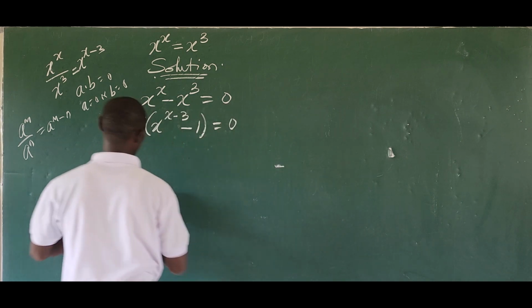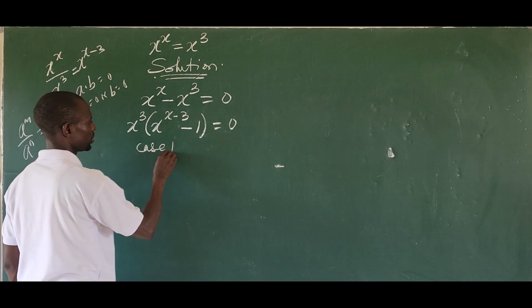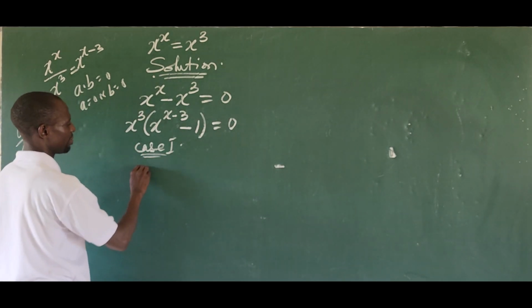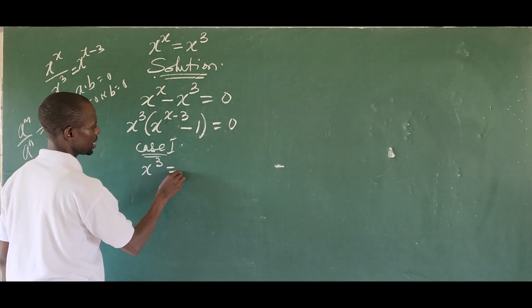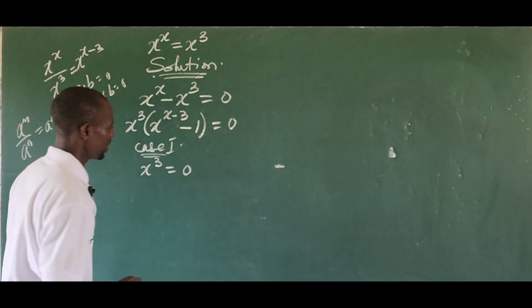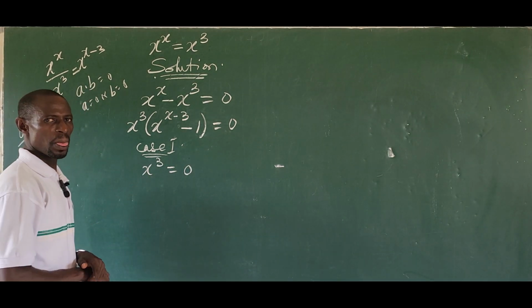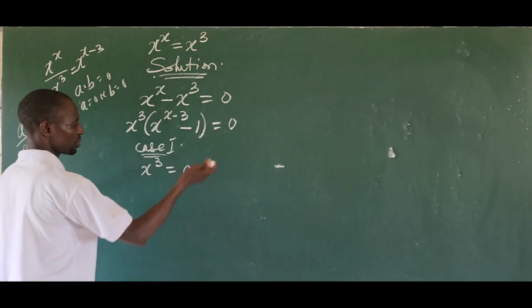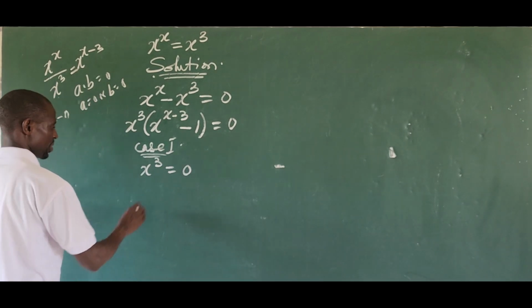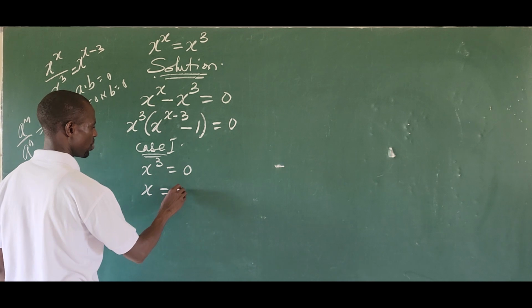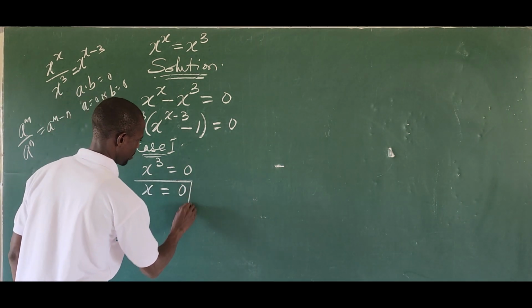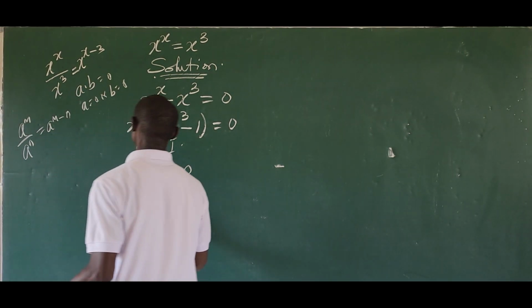So if we do that, it's going to give us our case 1. In case 1, we're going to have x to the power of 3 is equal to 0. So we take the cube root of both sides, and the cube root of 0 will give us 0. So we have x equal to 0 as one of the roots of this challenge here now.